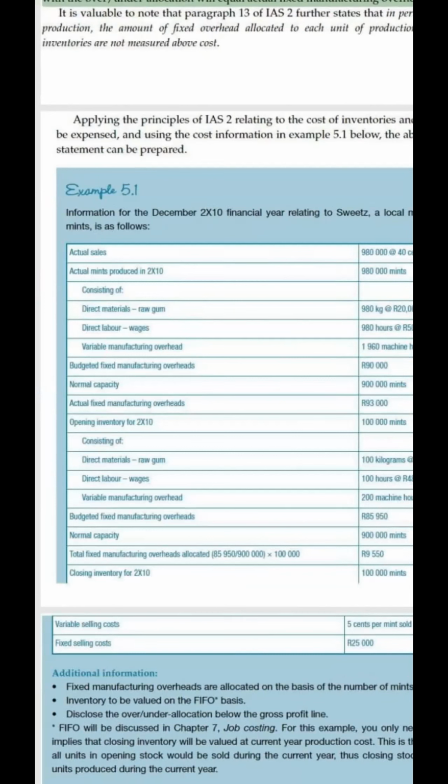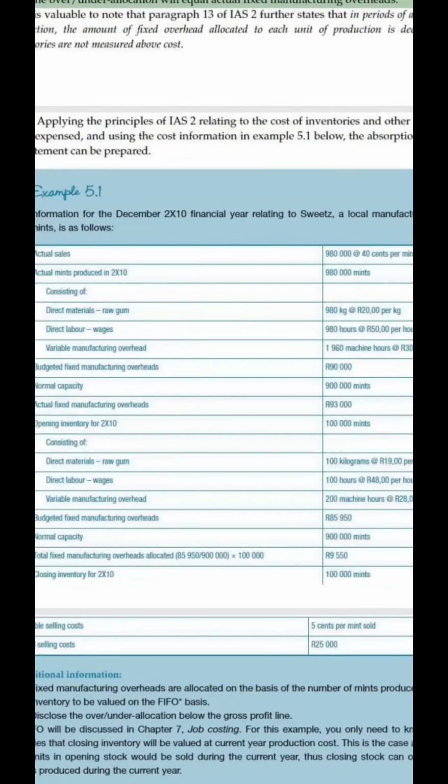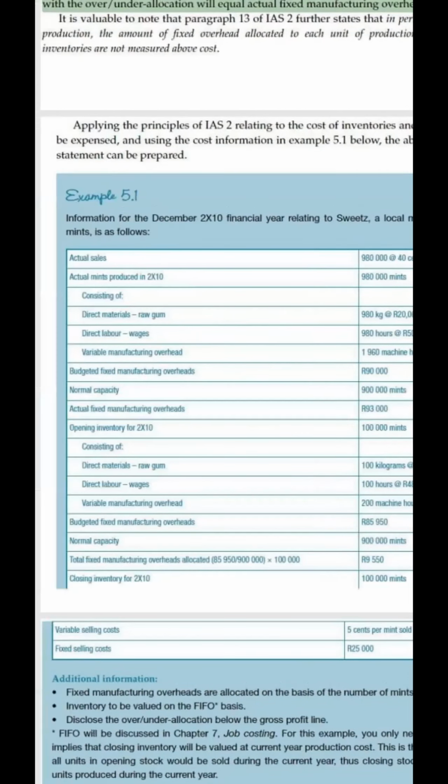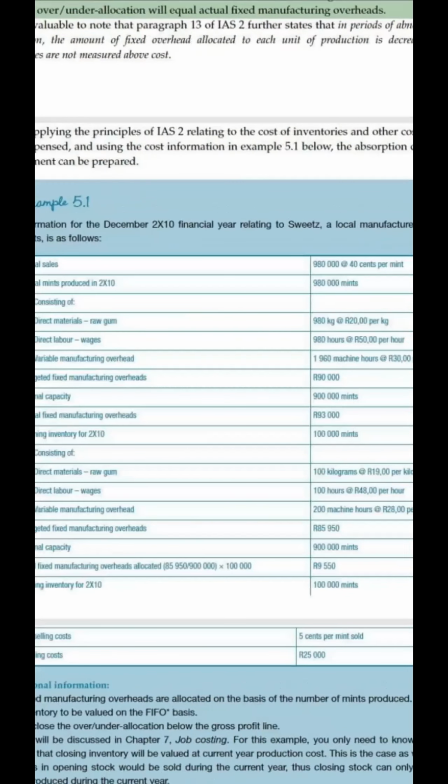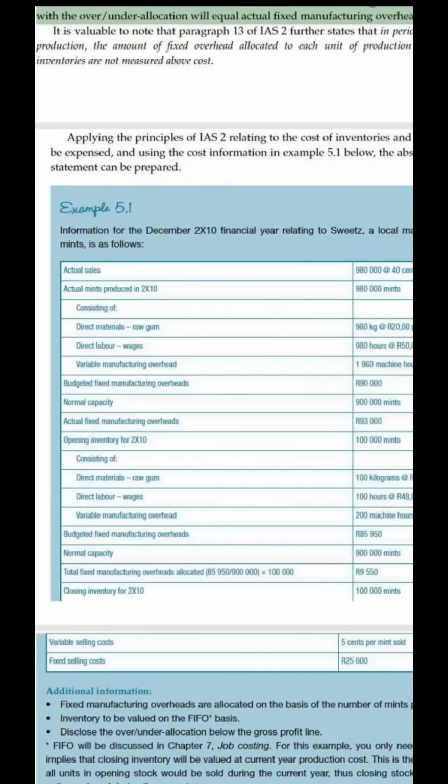So the direct materials there that's given, it's 980 kgs at 20 rand per kg. All right, so in reading out this information, because we will be getting quite a lot of questions like these, you need to establish that 980 kgs at 20 rand per kg, seemingly it's the amount of kgs and the price per kg that was used to manufacture the 980,000 means.